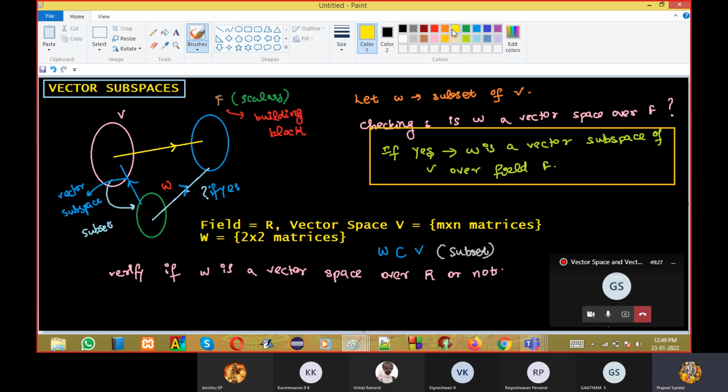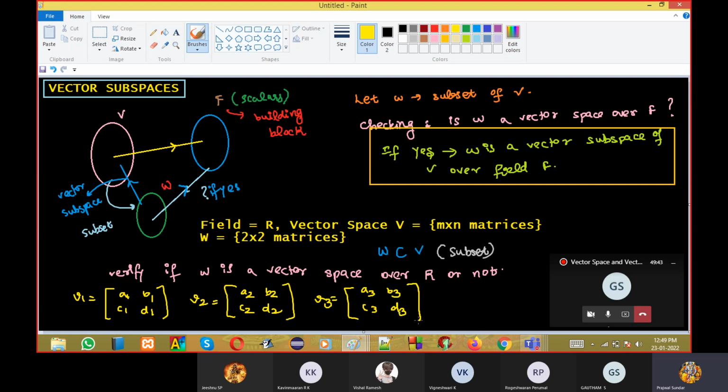How to do that? Check all 8 conditions. Let V1 be equal to A1, B1, C1, D1. Let V2 equal A2, B2, C2, D2. Let V3 equal A3, B3, C3, D3. Let alpha, beta belong to the field. Let these belong to the vector space. Let this belong to W.